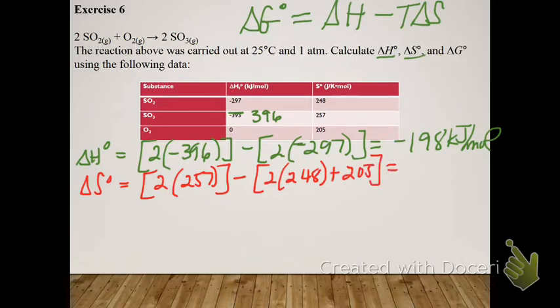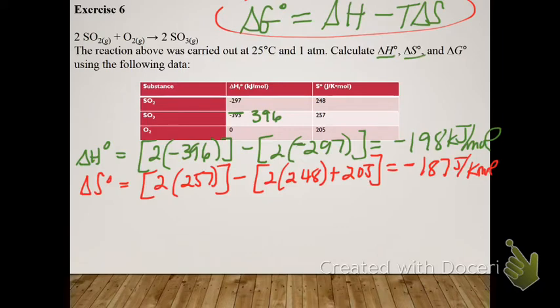And then that is going to end up being a negative 187 joules per K mole. Now, here's what I like to do because this is a very common mistake: I do not want to accidentally list my entropy in this equation as joules and screw up and not realize that I screwed up.